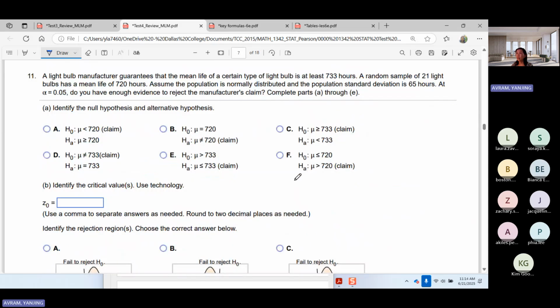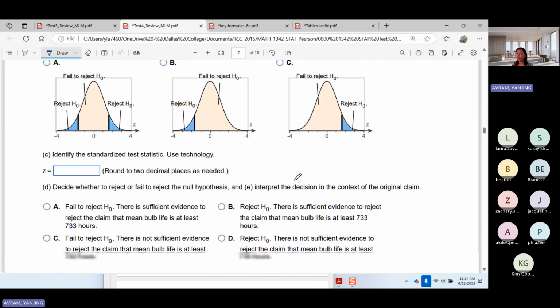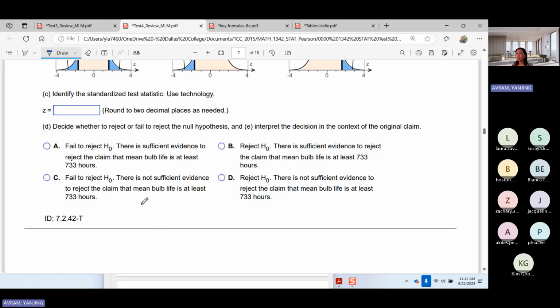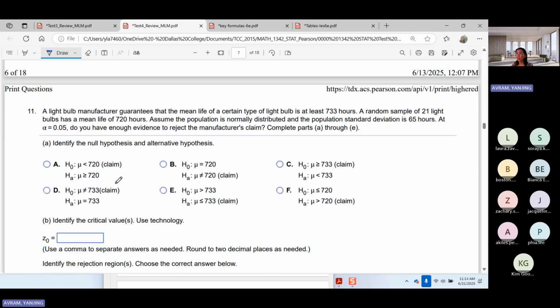All right, let's look at a little bit of calculation here. How do I calculate this one? A light bulb manufacturer guarantees the mean life is at least. What does at least mean? That's another key word here. At least means greater than or equal to.